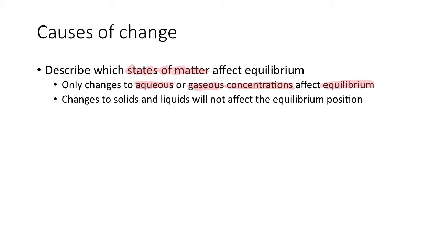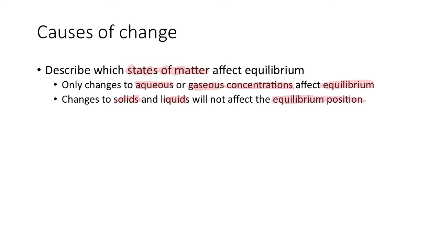All right. Whereas if you were to add a solid which would then dissolve into that solution, then the concentration of those ions would change, and therefore you would have a change in that equilibrium system, which you would have to work out. All right, so solids and liquids not affecting equilibrium, okay?